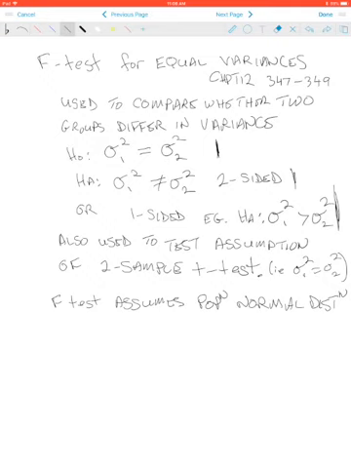Okay, so then let's proceed, and I think the easiest way really to do this is just to do it by example, because it's a fairly easy test to carry out. So let's imagine we're going to compare two populations. We want to compare lizards.